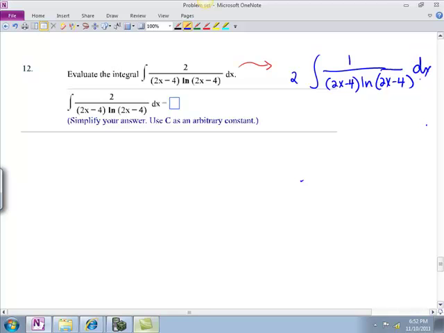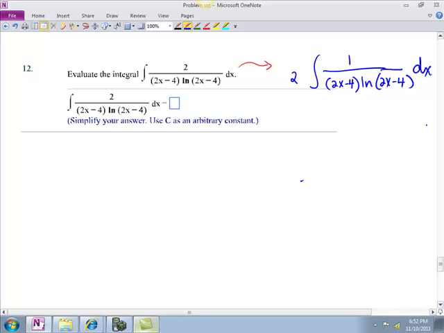Okay? What's the point of doing that? Sometimes it's easier to see what you've got, and it just makes it a little easier to start. You don't have to worry about accounting for that 2 now. You don't have to worry about substituting. It's already outside.